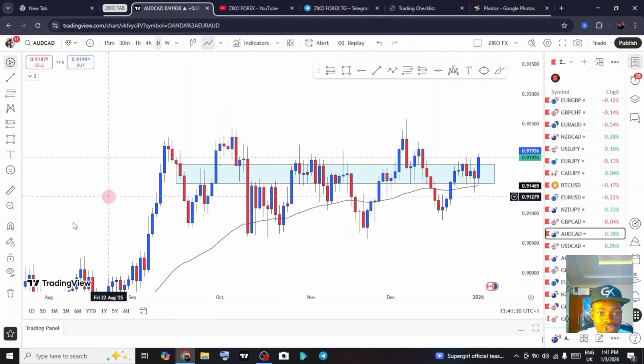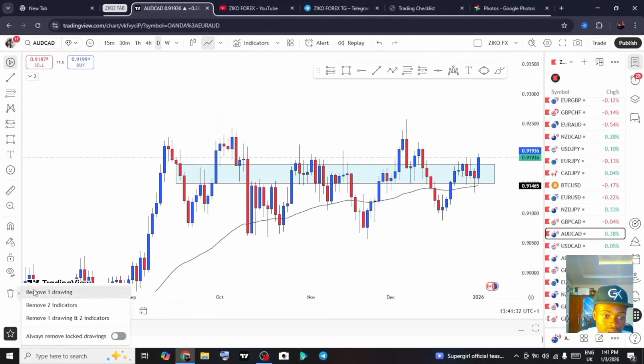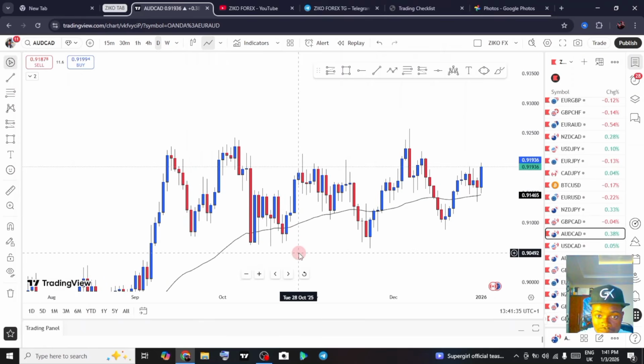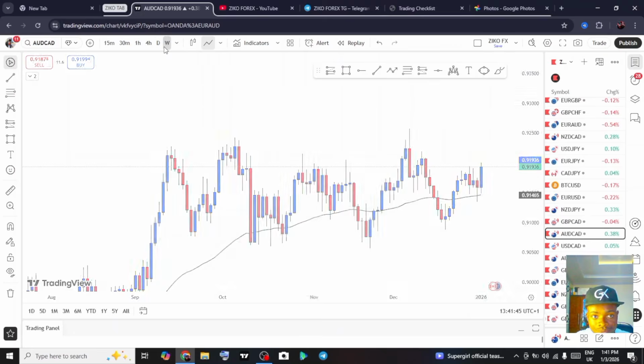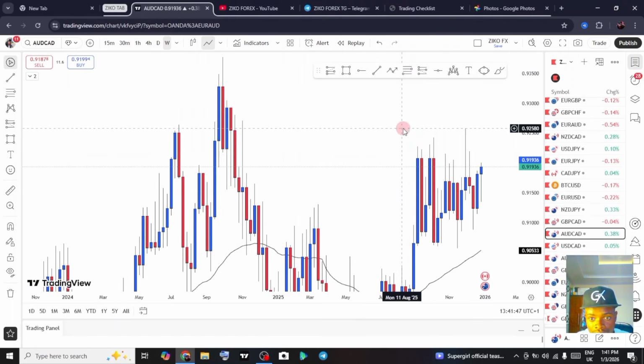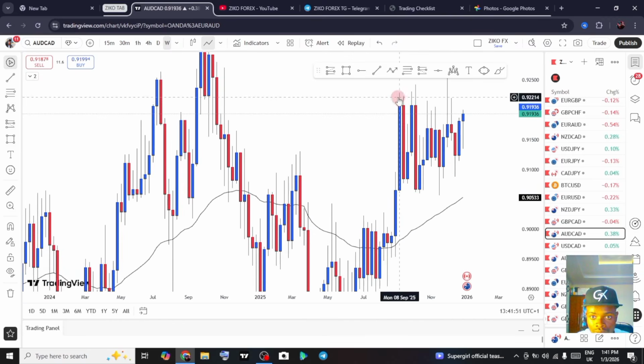So daily time frame, let's delete this area just for clear perspective. Daily time frame is currently, well, technically still bearish right now, right? Weekly time frame, price have actually not closed above this area, right?